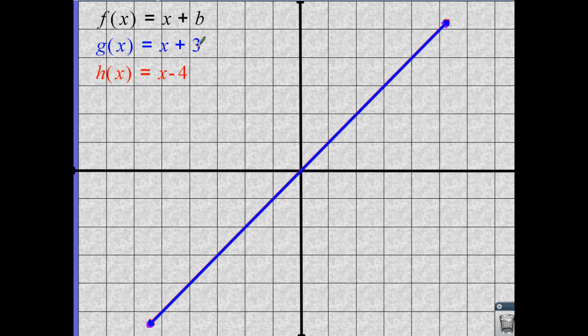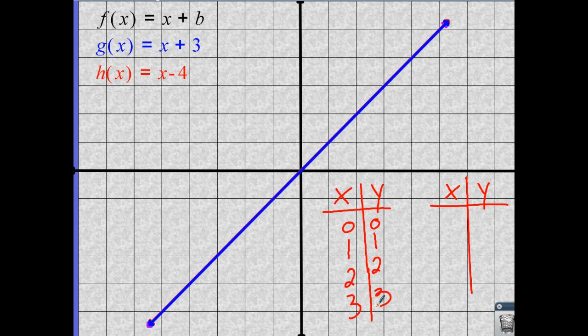But if we're looking at a table of values, x, y, and comparing it to our parent function, which was 0, 1, 2, and 3, what is the difference from our parent to now our blue line, which is g of x equaling x plus 3? What happens to all of your original inputs?